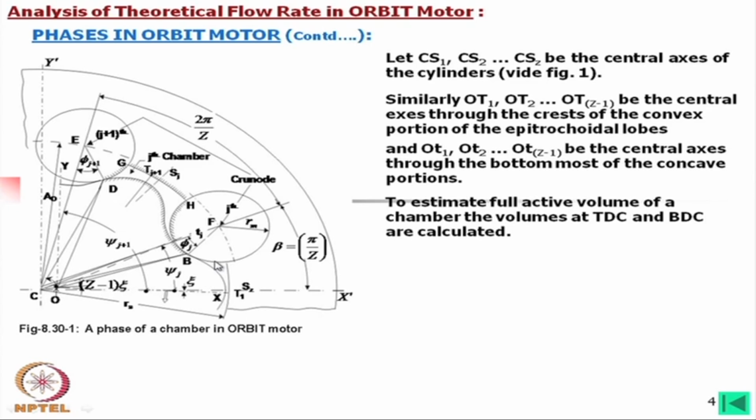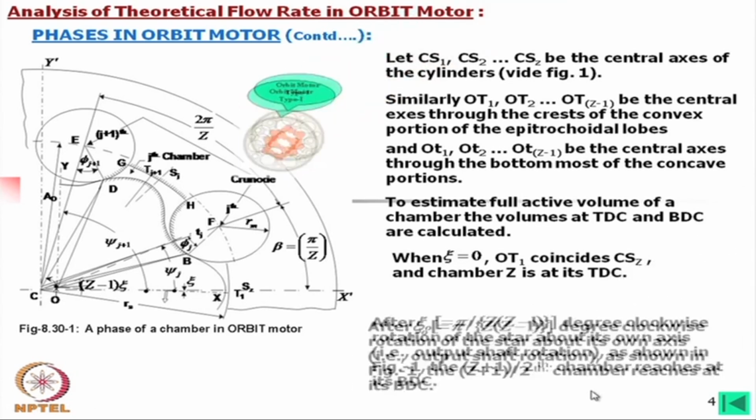So, we have to calculate this volume separately, as well as the maximum volume at bottom dead center, and if we subtract them we will get the volume of a chamber. When the shaft rotational angle is equal to 0, OT1 coincides with CS7, taking Z equal to 7, and chamber Z is at its top dead center.